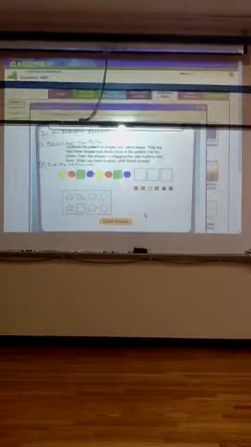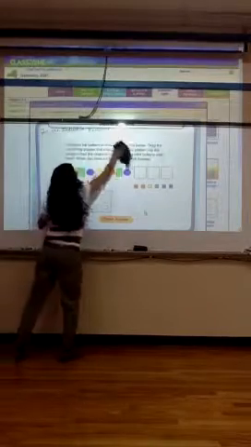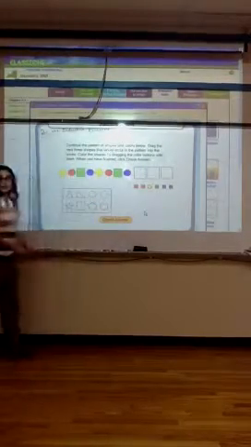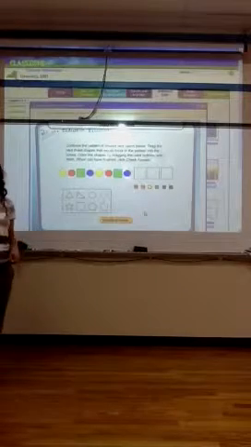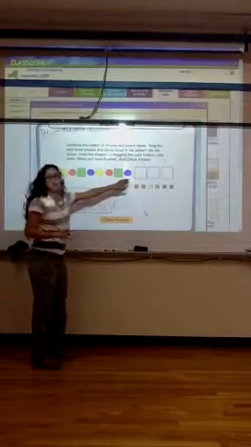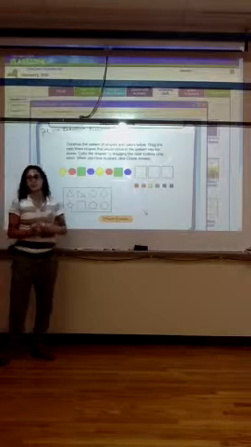So, same idea, let's try to describe the pattern and then fill in the next 3. I'll give you a second, you can draw it in your notebooks. Try to figure out what shapes would come next based off of the information and the pattern before, and also the colors.